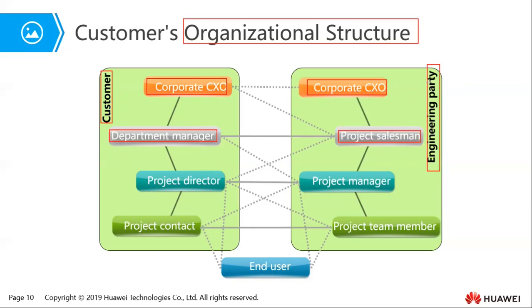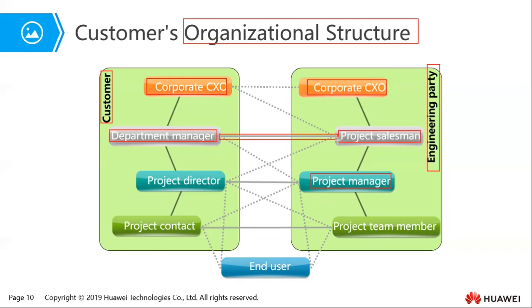Now, in the engineering team, we have two people that are very important and are going to be greatly involved in the project implementation. That is the project salesman and the project manager. Now, you can see that the ICT director here will be communicating regularly with the project salesman.